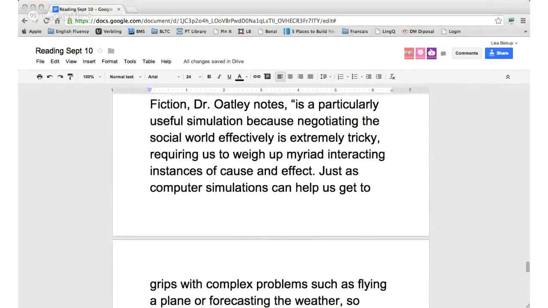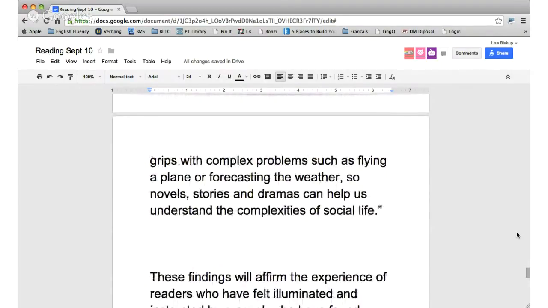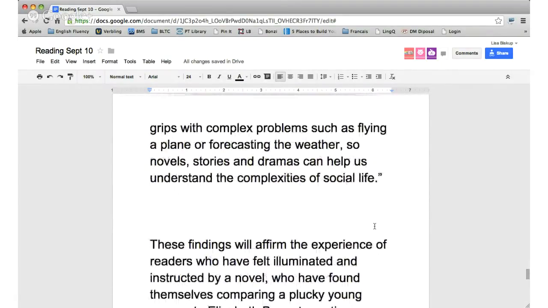Fiction, Dr. Oatley notes, is a particularly useful simulation because negotiating the social world effectively is extremely tricky, requiring us to weigh up myriad interacting instances of cause and effect, just as computer simulations can help us to get to grips with complex problems such as flying a plane or forecasting the weather.